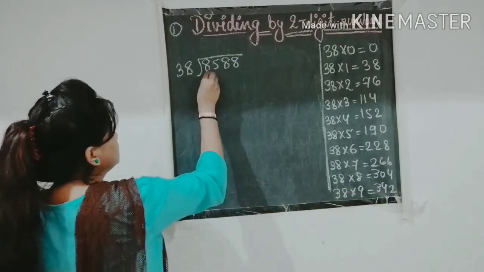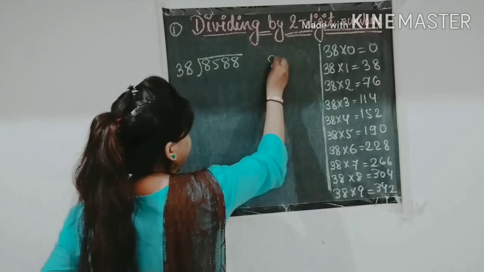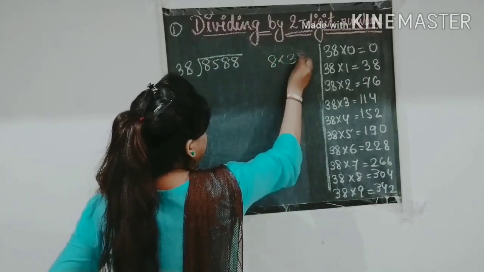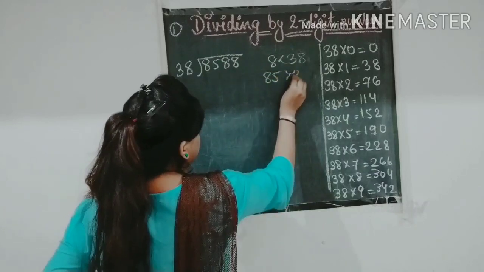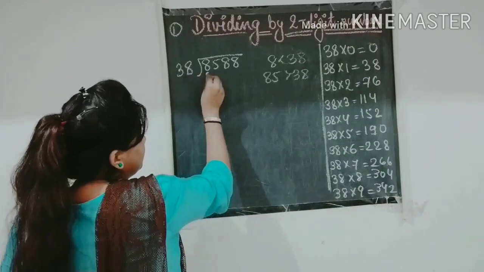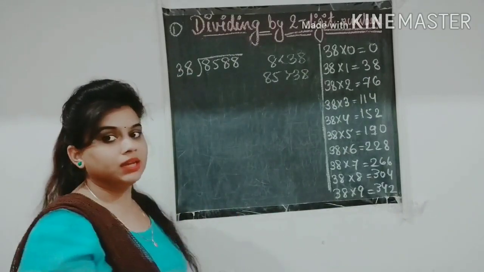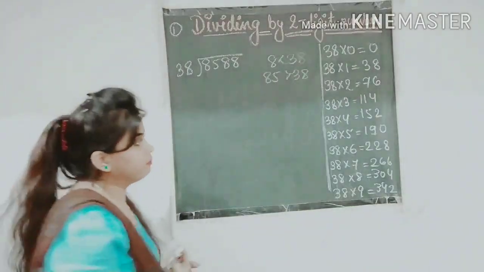Now check the first digit. This is 8 and 8 is less than 38. So we will take a 2-digit number, that is 85, which is greater than 38. So we can divide it. Take the nearest number. Which is the nearest number in 38's table to get 85?